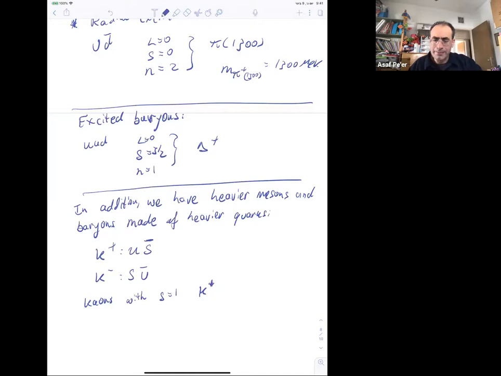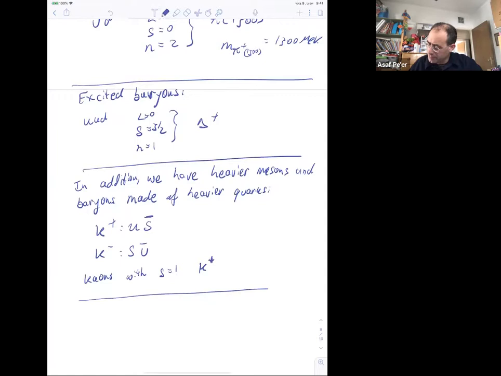Now, I refer you to what's called the PDG, the Particle Data Group. You can find all the information about all the particles. You can understand now that there are very many of them. But as I said, you might feel more relaxed knowing that the vast majority of them are highly unstable and in fact decay very quickly.